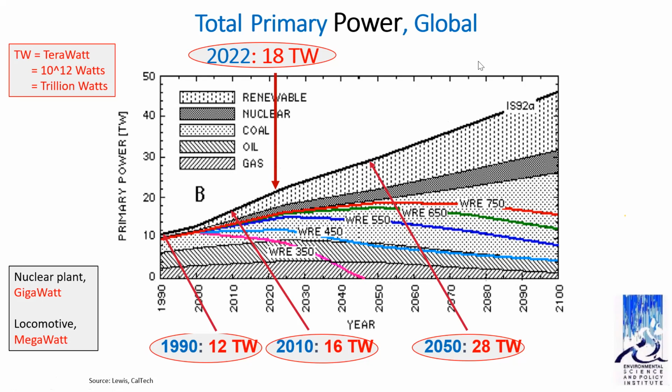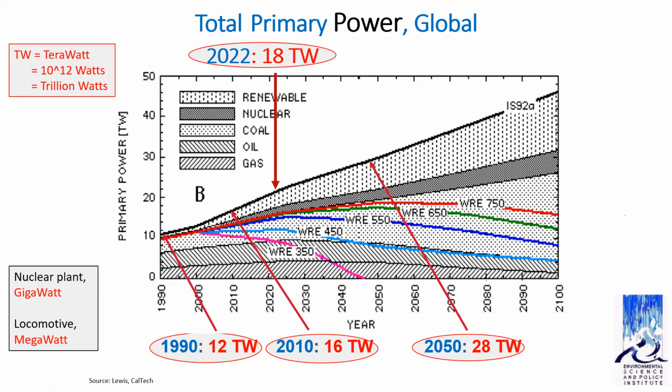And so now we're looking at terawatts. So it's 1 trillion watts. Remembering that a terawatt's going to be 1,000 gigawatts. And you can see roughly we're at 18 terawatts globally in the amount of power that we're using.